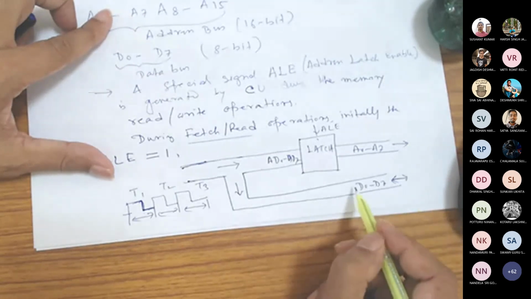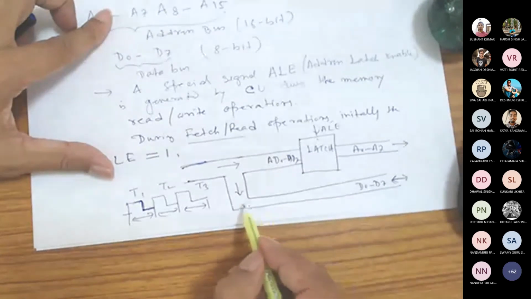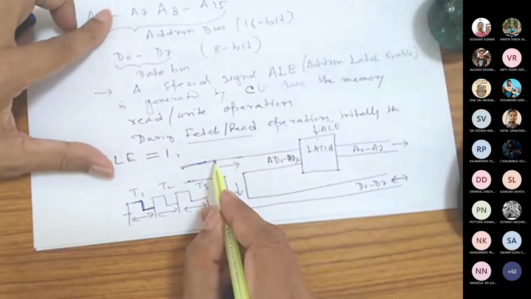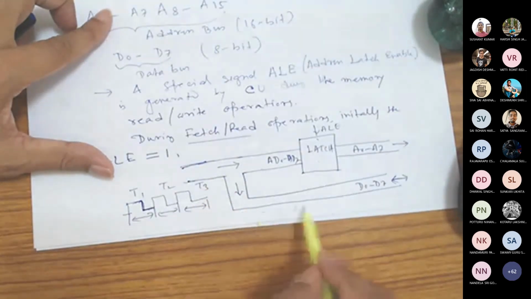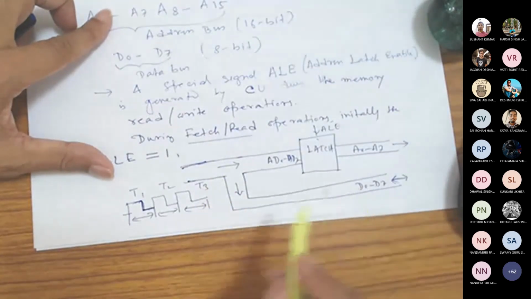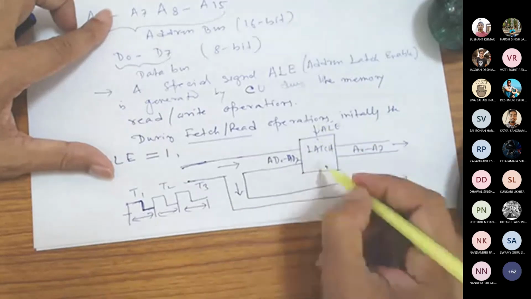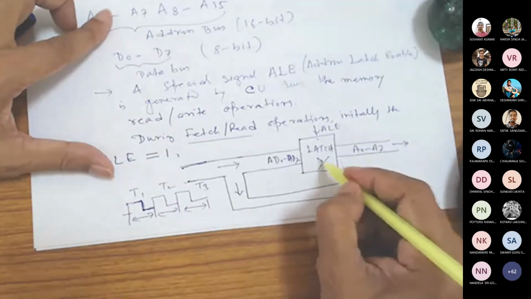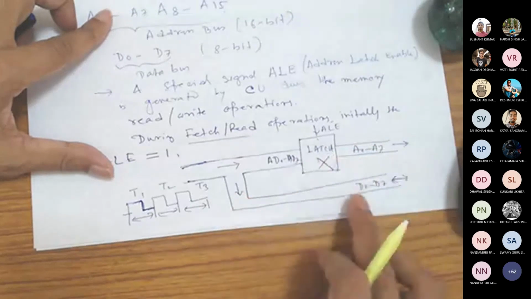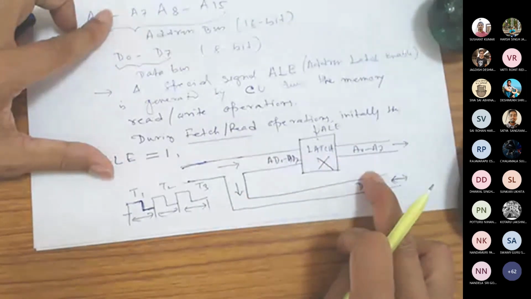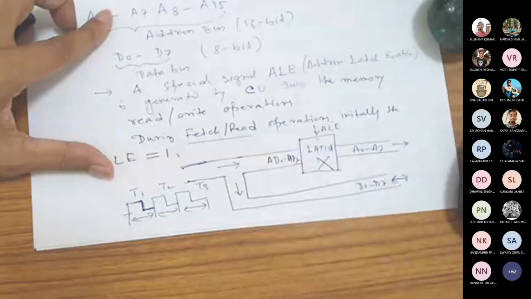That's why this line gets converted to data lines. Also during a write operation, because the same line is used to send the data, after the first clock cycle this latch ensures that this data path is cut, so nothing goes out here and the data is not confused with the address. This is what is basically done in 8085.